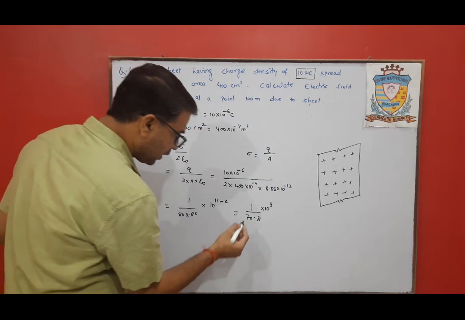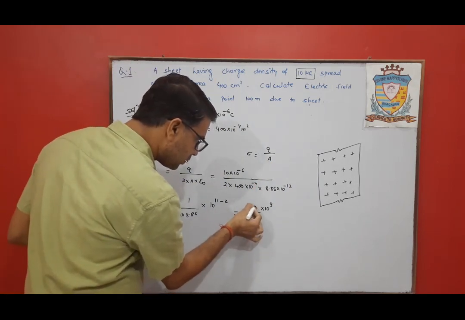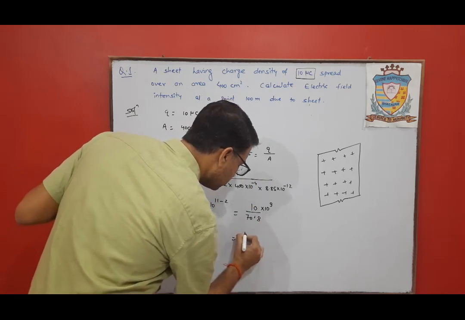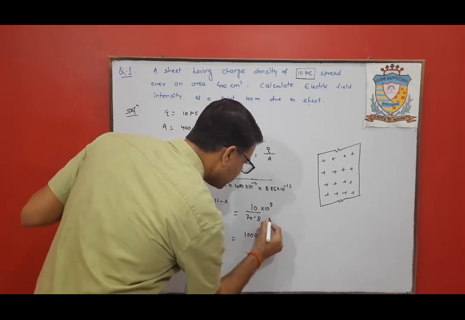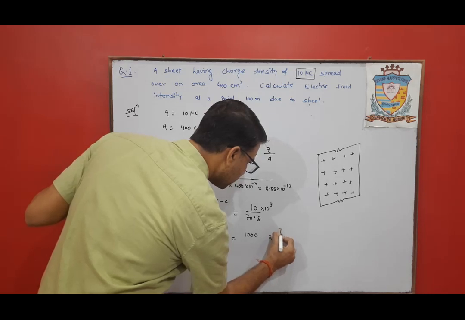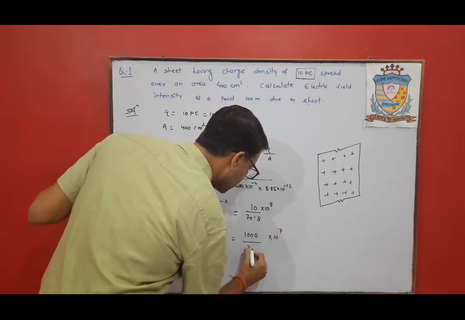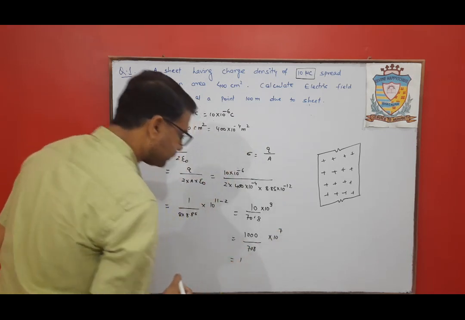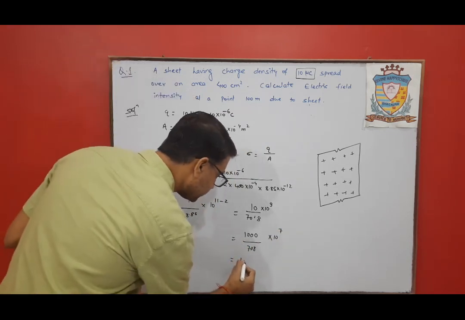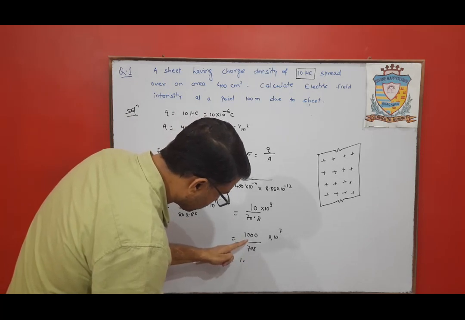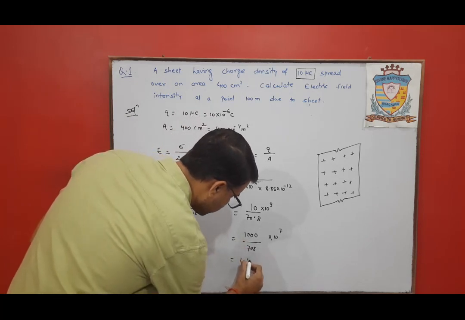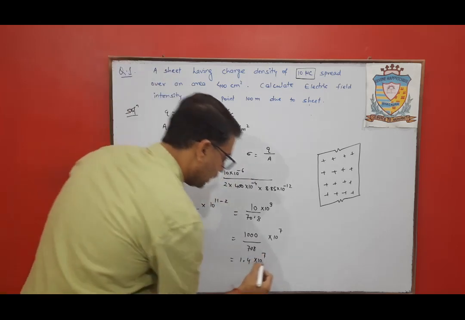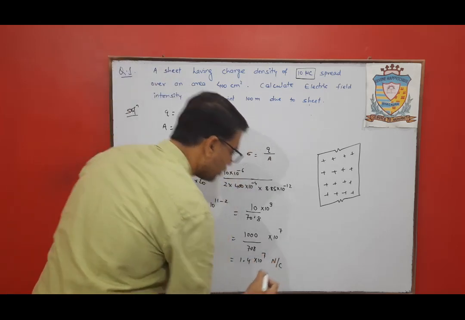Taking 2 more zeros over here, it becomes 10 to the power 7 upon 708, so 1.4 into 10 to the power 7 Newton per coulomb.